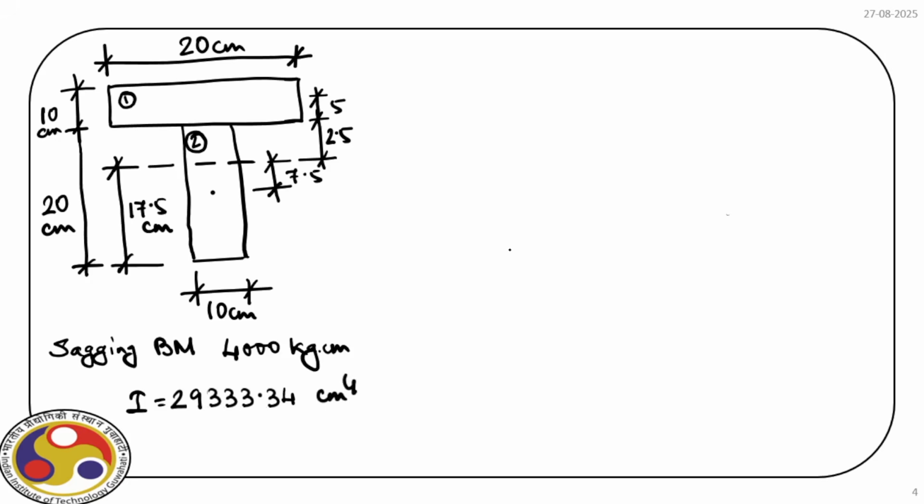Okay. So the applied bending moment is 4000 kg centimeter. So M by I, which is equal to sigma, say, tension. Now the moment we find out tensile stress for sagging bending moment, it will be at the bottom, and then the Y for that is 17.5, right?